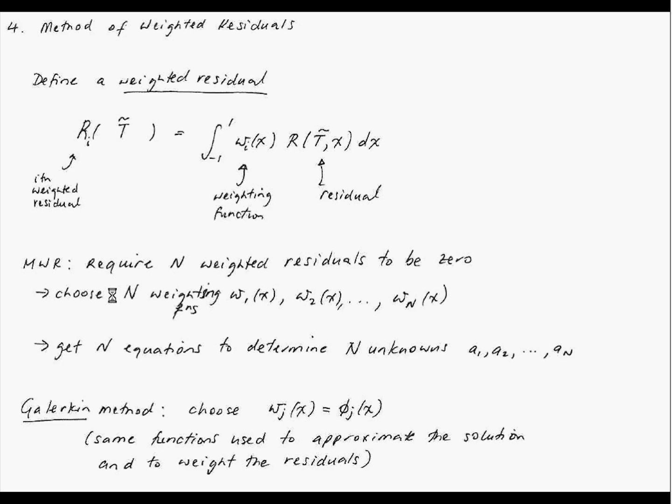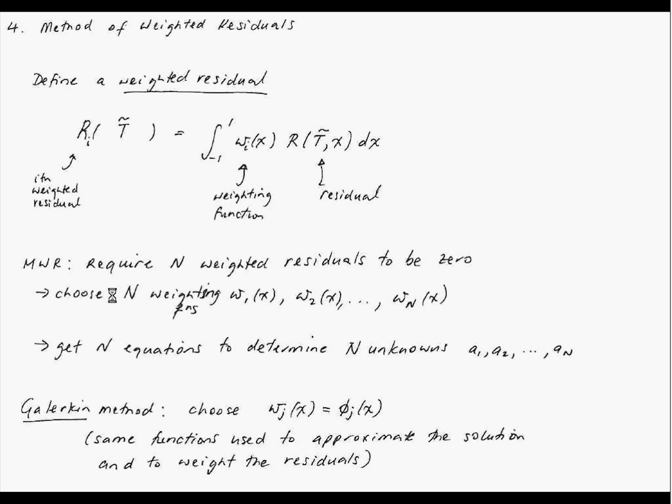They're all functions of x. And we're going to then get, again, n equations to determine these coefficients, a1, a2 to an. Okay, so first thing we need to do is choose n weighting functions.